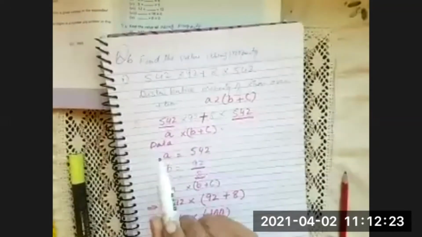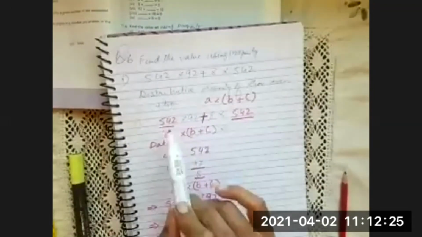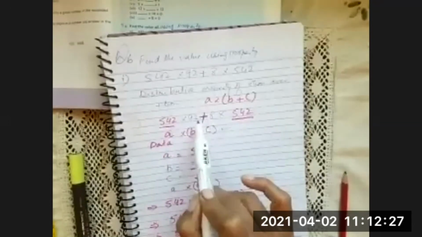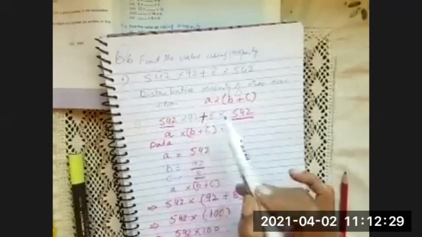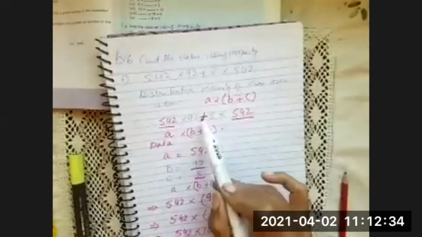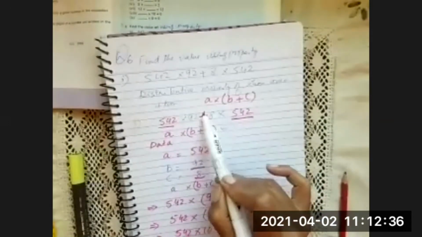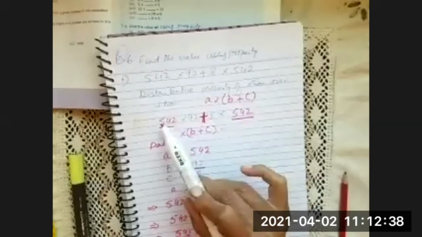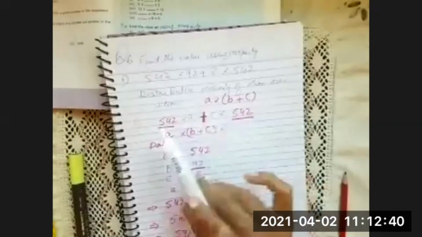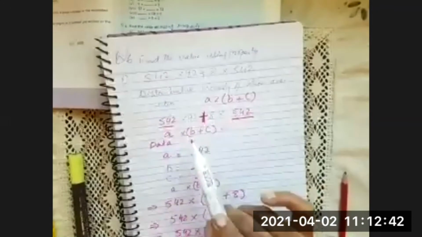So we have the values in the first part, 542 multiplied by 92 plus 8 into 542. Now, addition is in the center, and we are distributing 542 towards left and right of the addition sign.